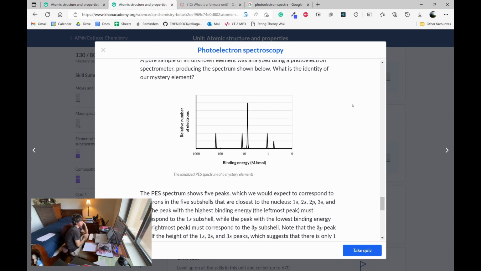So we have 5 peaks, 5 subshells that are closest to the nucleus. The peak with the highest binding energy, which is this way, corresponds to the 1s subshell, while the peak with the lowest must correspond to the 3p subshell.